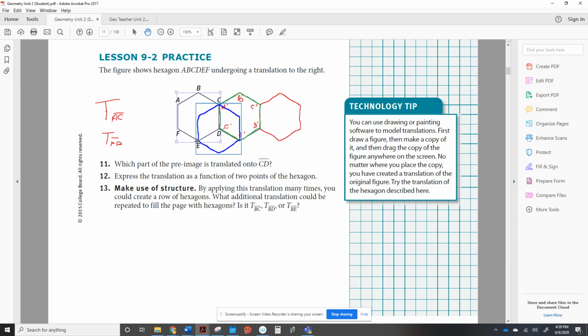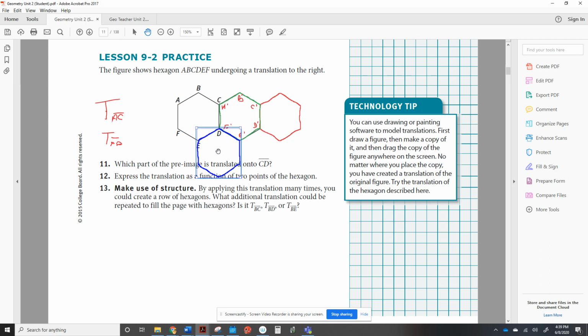Can we translate B to D? So if I move B to D, I'm going to move B point up there till it gets down here to D. Okay, so I moved B point straight down here to the D point. And now it looks like I would be able to fill my page, because what did that movement do?